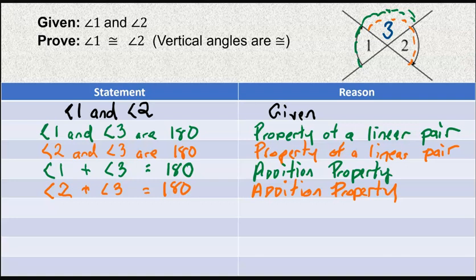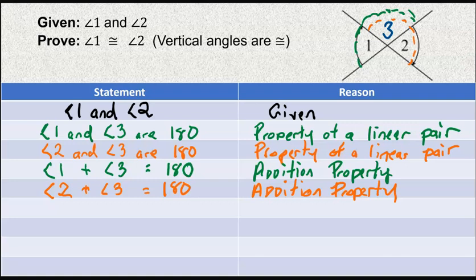So let's break this down. The first statement I made is that I recognize that angle 1 and angle 3 are 180 degrees because I recognized a linear pair. And then I noticed that angle 2 and angle 3 do the same thing because I recognized the linear pair there.